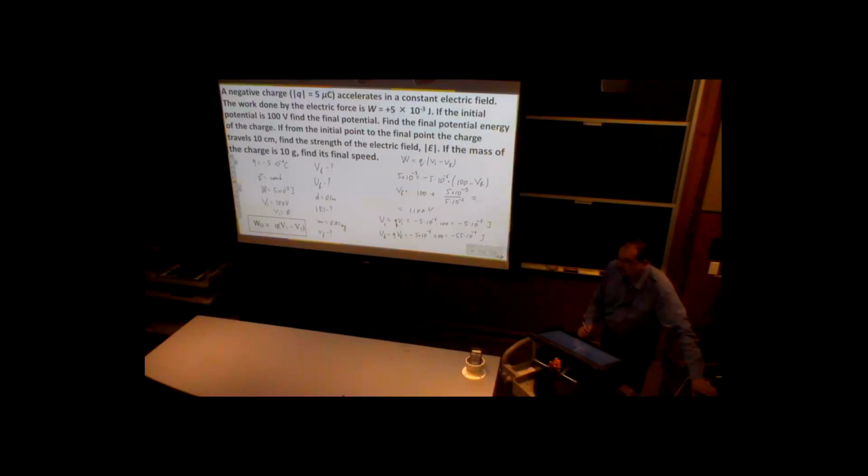Which energy is lower? Well, this is how we think about negative numbers. On a negative scale, this is negative 5, that will be negative 55, right?